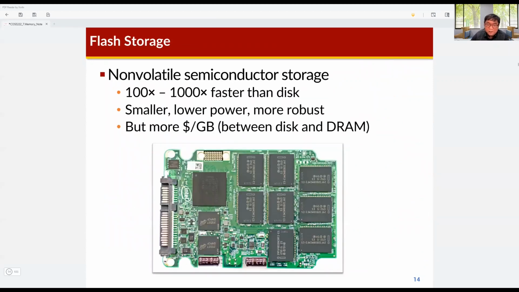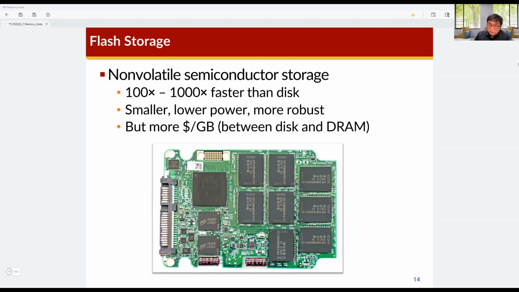Then I will briefly explain about flash memory. Recently we use flash memory as the storage media of the SSD, solid state drive. And compared to magnetic disks, the latency of flash memory is very low. So that means that it's very fast. Flash memory is 100 times, 1,000 times faster than disk, but it's still slower than DRAM.